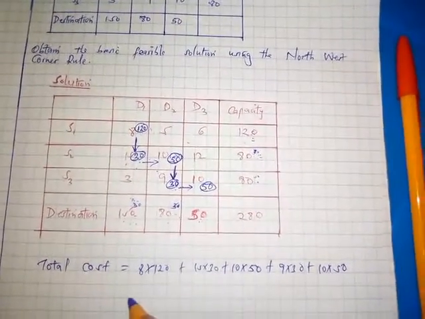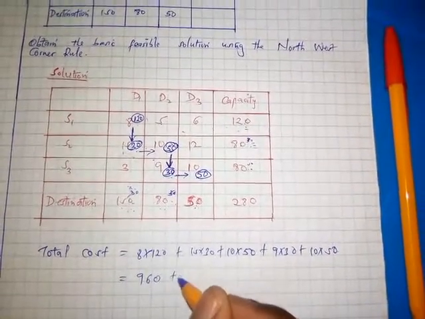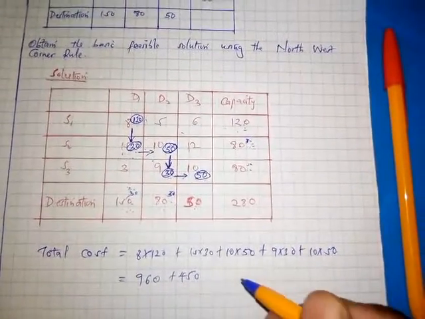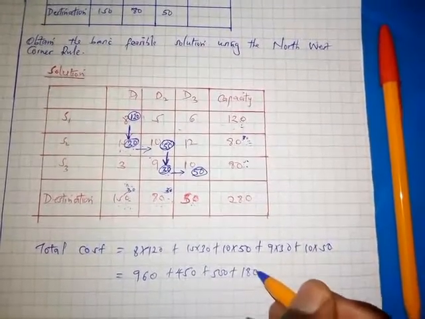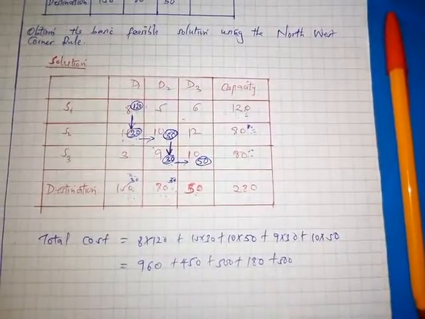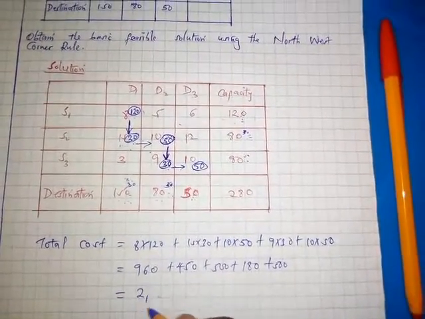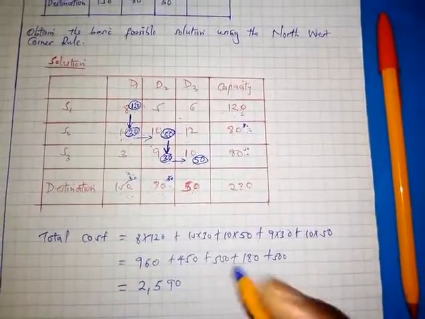So that we have 960 plus 450 plus 500 plus 180 plus 500, and we get 2590.